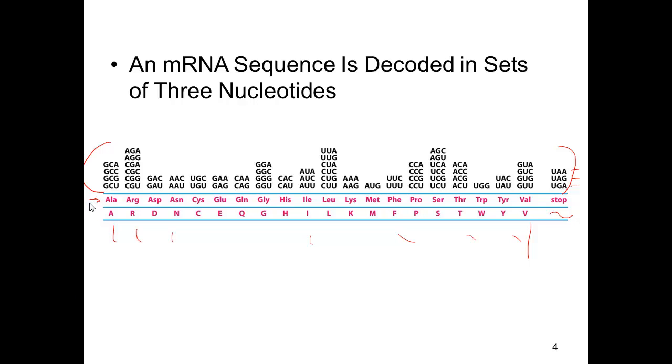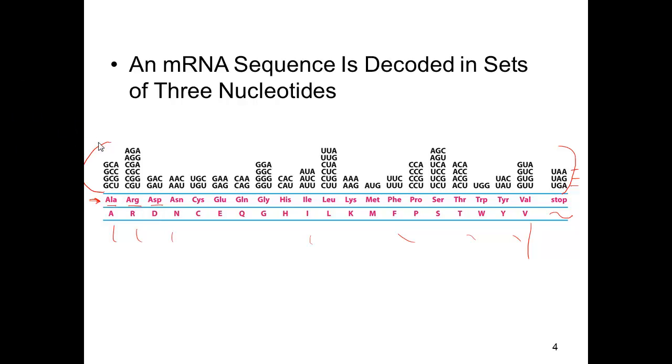You do need to know the 3-letter codes, and as we mentioned earlier, what class of amino acid they are. Alanine is a hydrophobic amino acid. Arginine is a positively charged amino acid. Aspartic acid is a negatively charged amino acid, and so on.